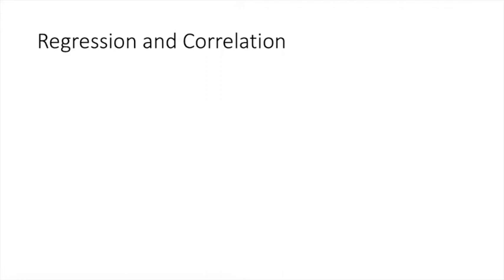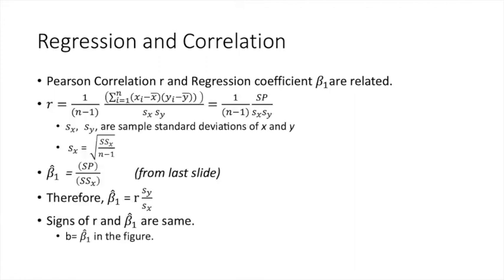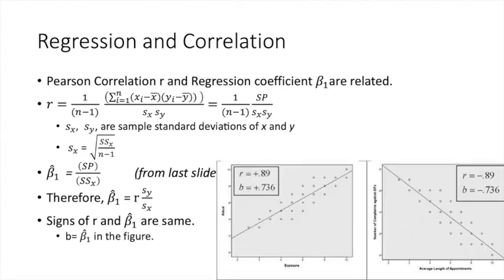Note that regression and Pearson's correlation are strongly related. So much so that for a given data set, the sign of the Pearson's correlation and the parameter beta 1 that estimates the slope of the regression line are both the same. So for example, in the two plots here, B represents beta 1 and its sign matches the sign of R, that is Pearson's correlation, in both the cases.